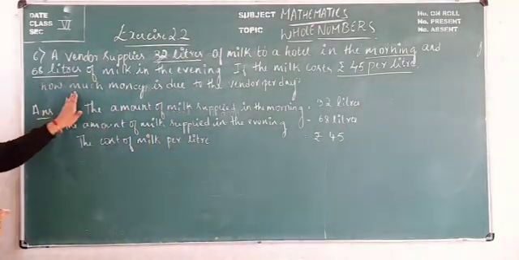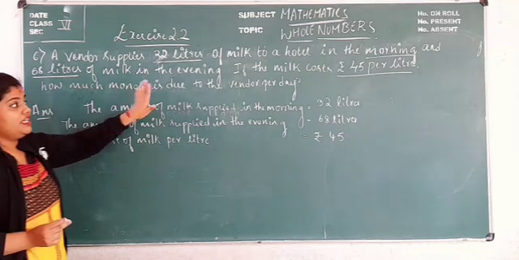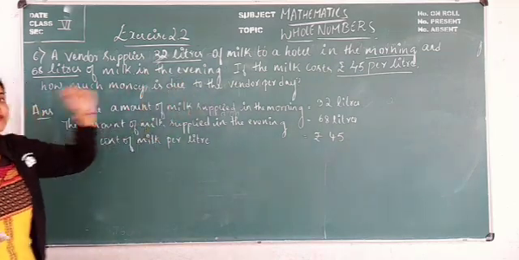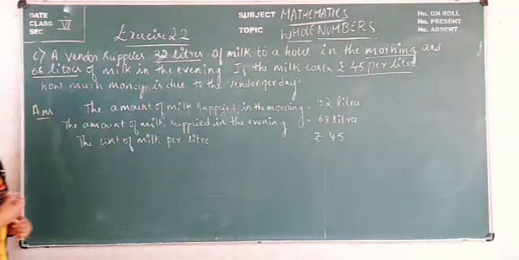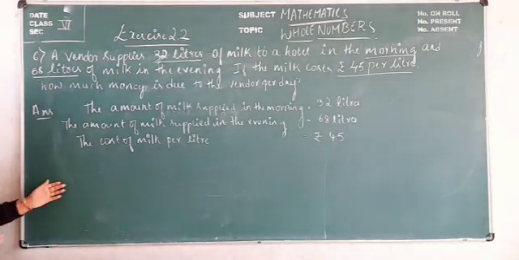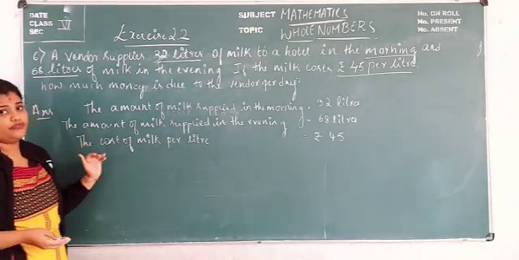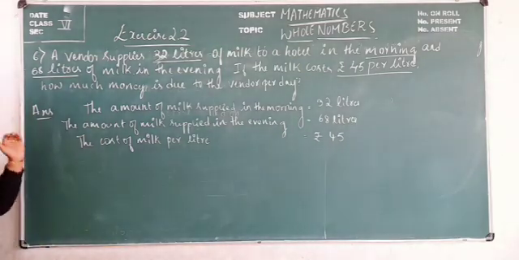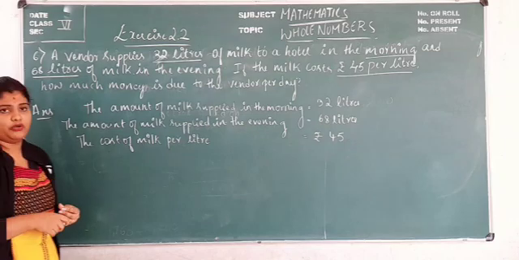So here we have to find out how much money is due to the vendor per day. So what should I do? We have to find out the total amount which is due to this vendor. So we have to find out the total money which the hotel has to pay to this milk vendor. So how to find out the total amount?